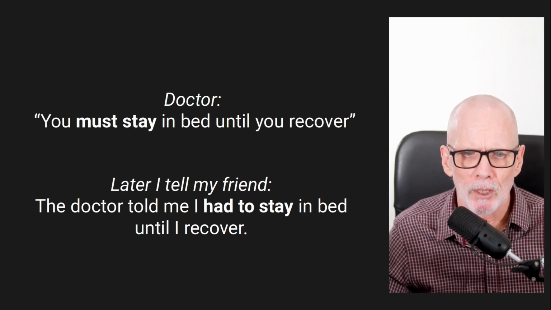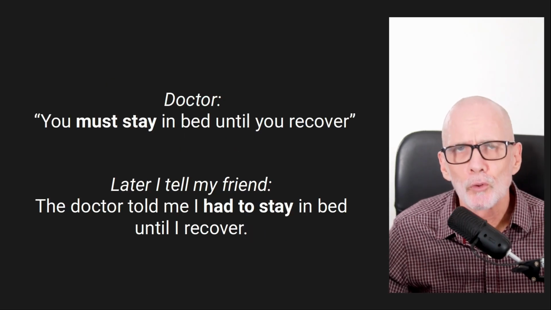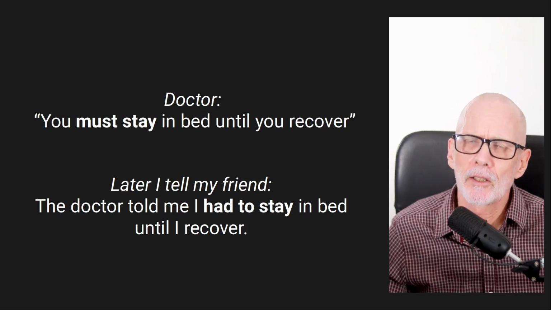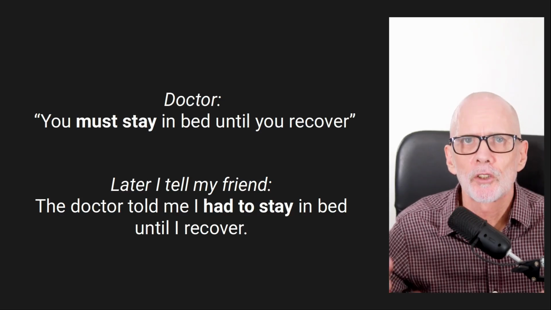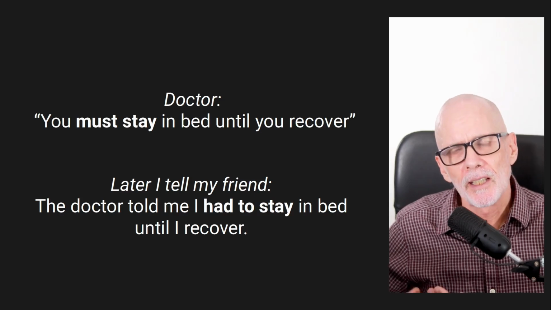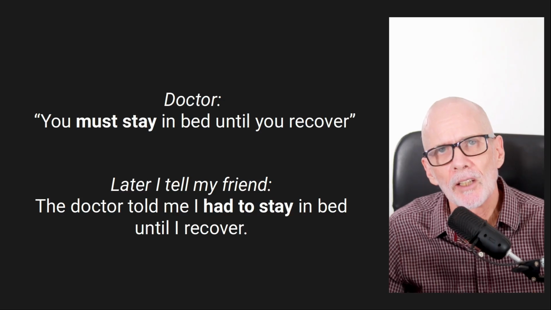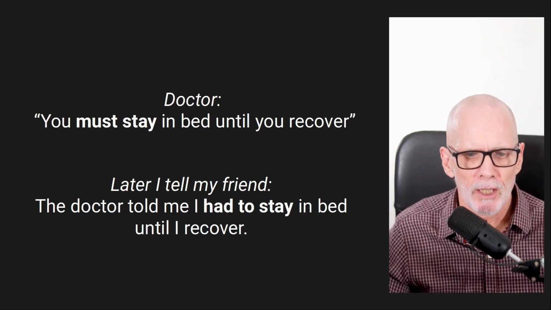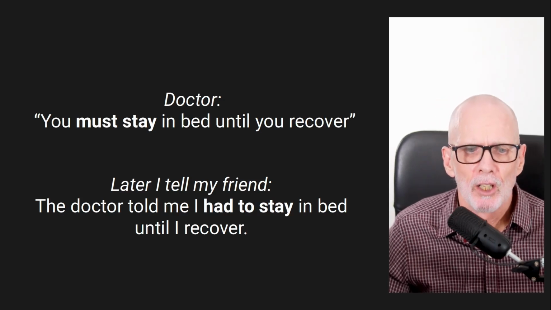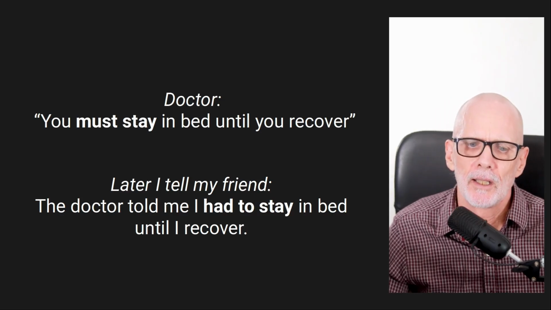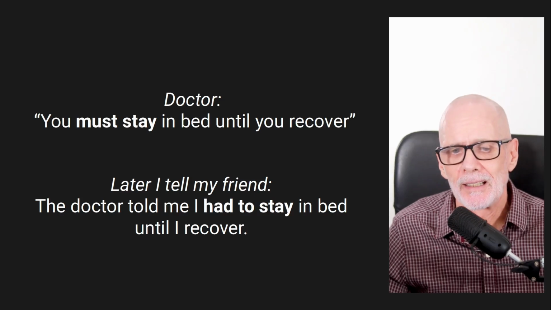Let's look at some more examples. The doctor says to the patient, you must stay in bed until you recover. The doctor is the authority and he is making the rule, so he uses must. But later, when I'm talking to my friend, I say, the doctor told me I had to stay in bed until I recover.